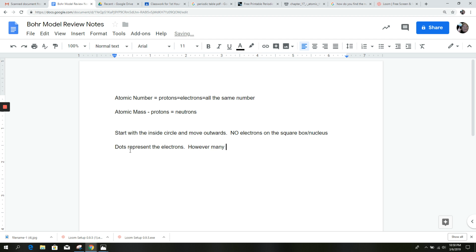However many electrons equals the number of dots you make. 10 electrons equals 10 dots. 36 electrons equals 36 dots.